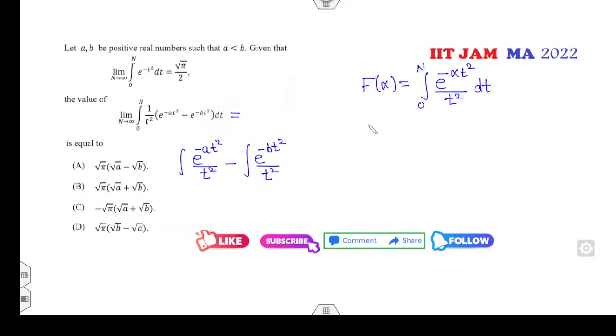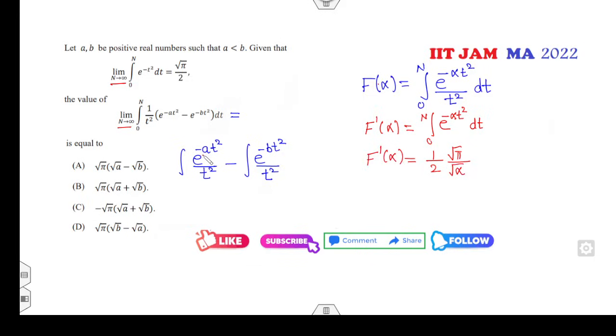Now I can start with its derivative, f dash of alpha. If you differentiate, it is minus alpha t square. Now you can take the limit as n approaches infinity, and that value goes to 1 over 2 root pi divided by the coefficient of t square. That is the value of f dash alpha.